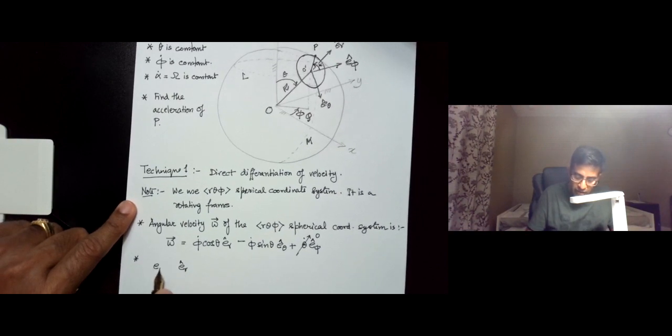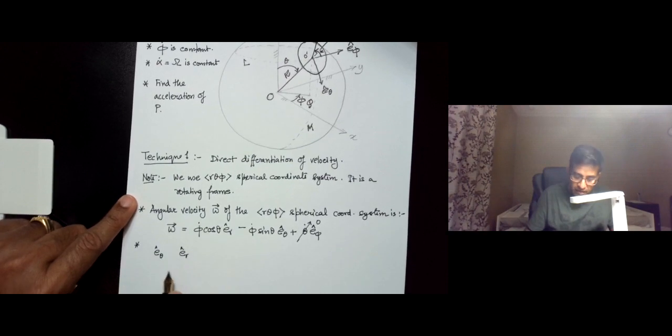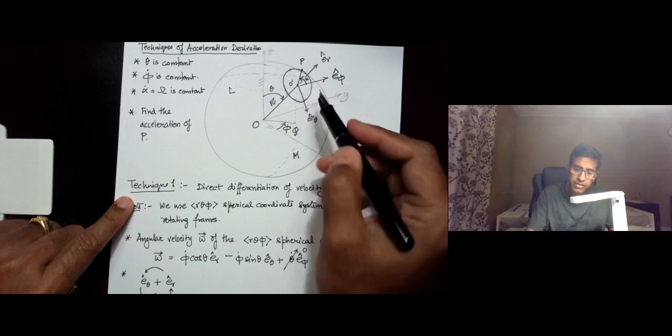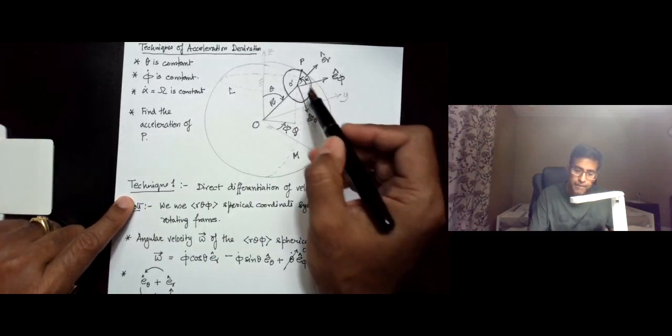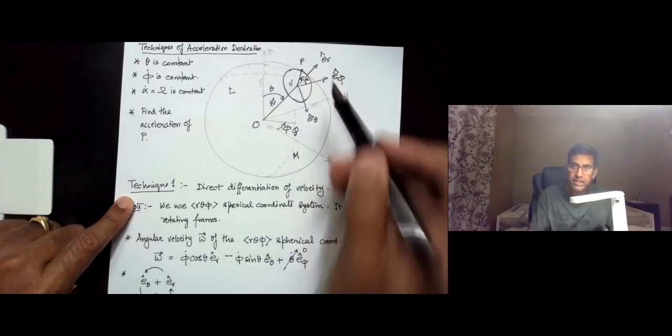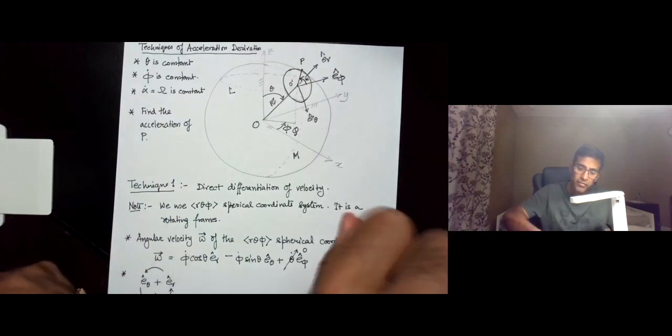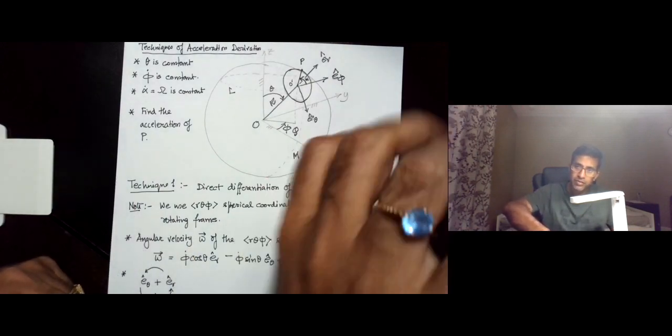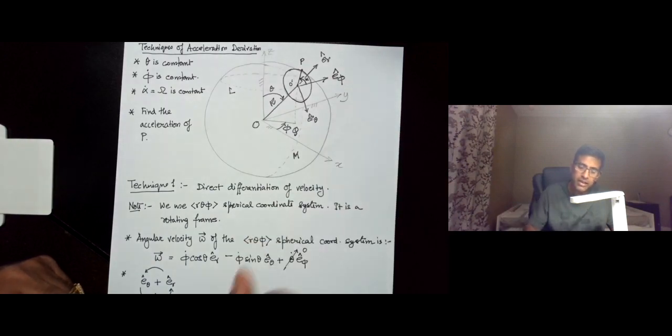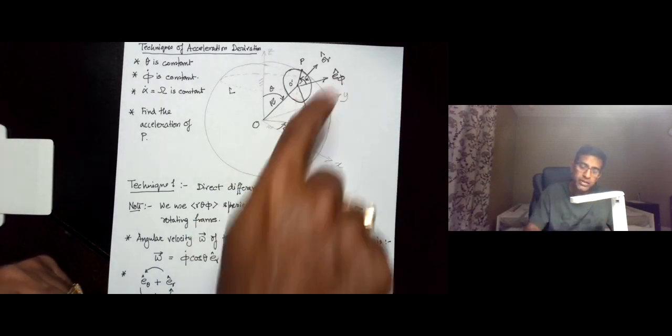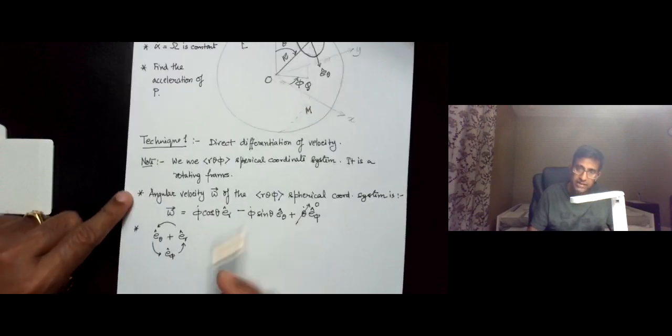If you have er, e theta and e phi, this is a compact way of showing the cross products. Er cross e theta gives e phi, so if you curl the fingers of your right hand from the direction of er towards the direction of e theta, then the thumb of your right hand will be pointing in the direction of e phi.